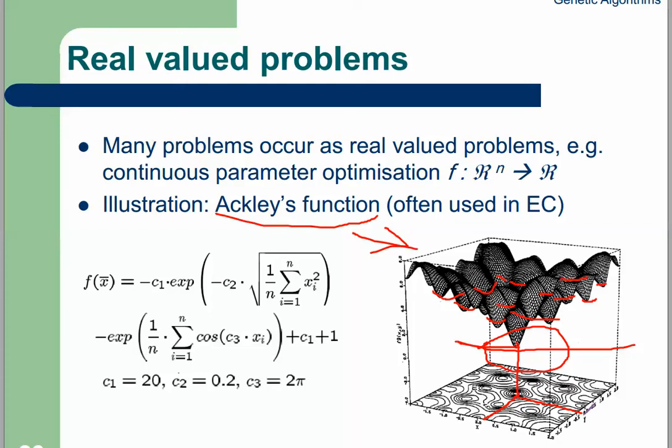It is the Ackley function, used to test some EC algorithms. Sometimes an EC algorithm can find, for example, this value as a minimum, so it is acceptable, but it is not the best solution. The best solution is here, and it is used to test some evolutionary algorithms.